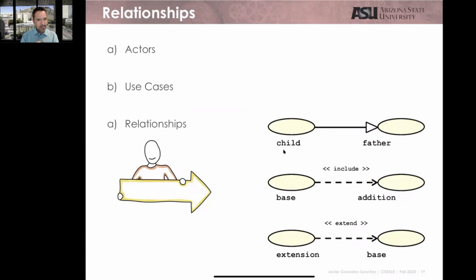Let's think about the Pac-Man video game. How many actors, if you are developing a video game like Pac-Man? Yeah, 2, good. Guys, an actor is a user that interacts with the system.